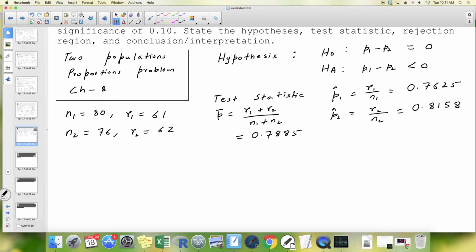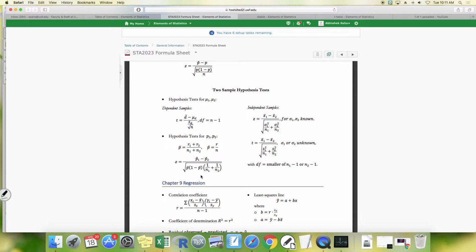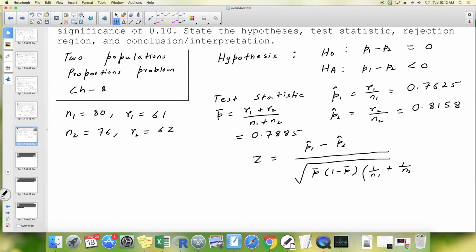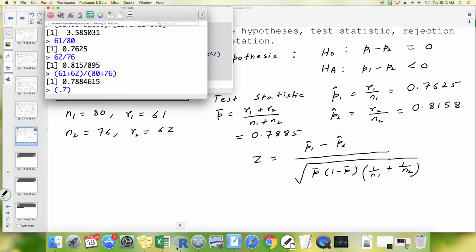Finally, we have the test statistic, which is Z equals this formula. You should be very careful about the use of brackets.